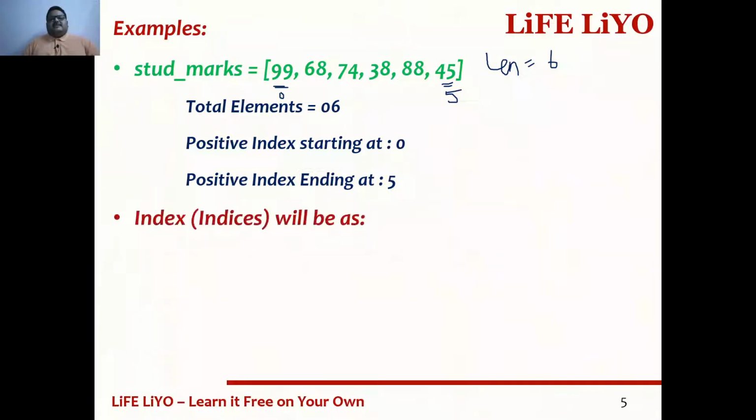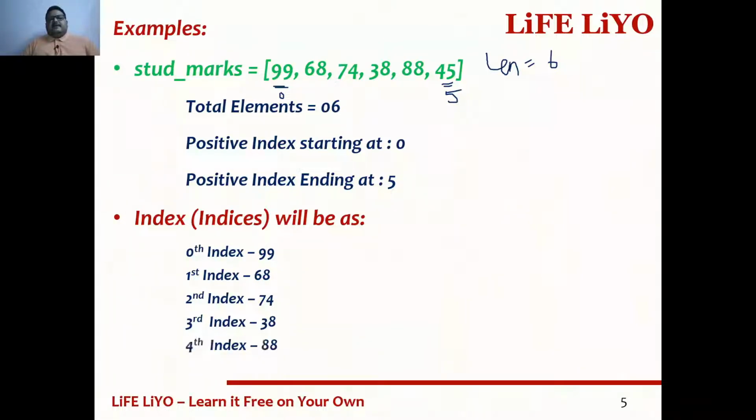Now, how will these indices be? At the 0th index we have 99, first index 68, second index 74, third index 38, fourth index 88, and the last index, fifth index, is 45. Here, if you observe, the index numbers are all positive values: 0, 1, 2, 3, 4, 5.